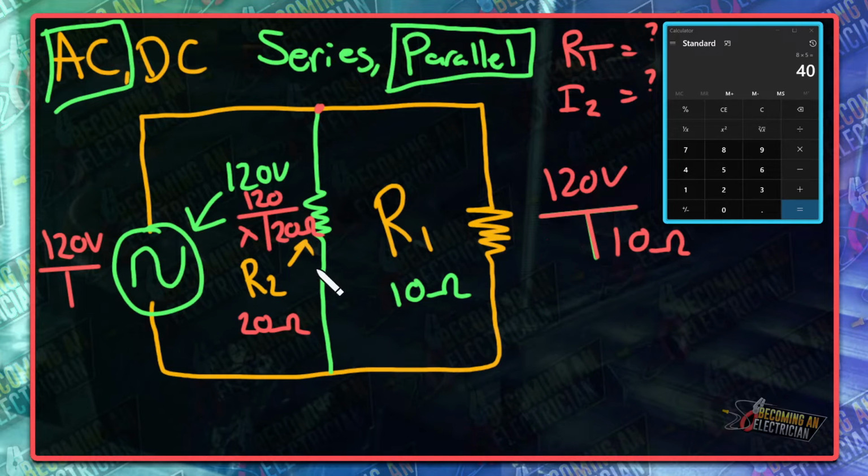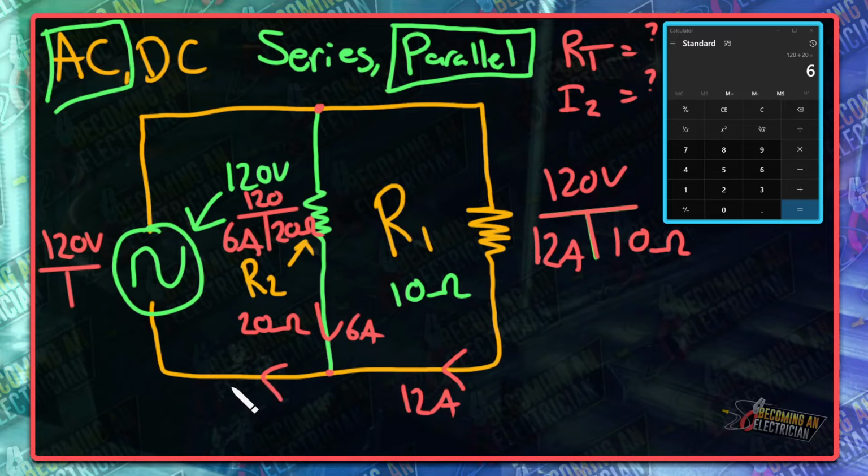So let me just use the calculator here. 120 divided by 10. So we have 12 amps. And then 120 divided by 20 ohms. So now we have 6 amps. So we know we have 12 amps coming right here. We also know coming down here, we have 6 amps.